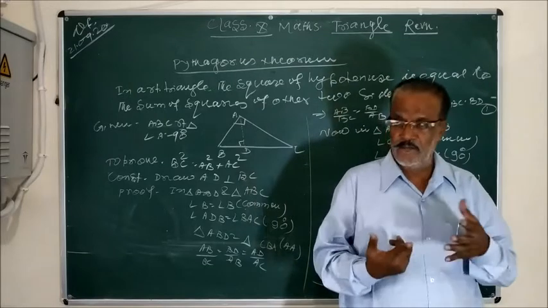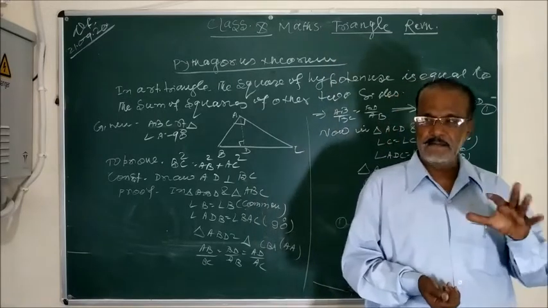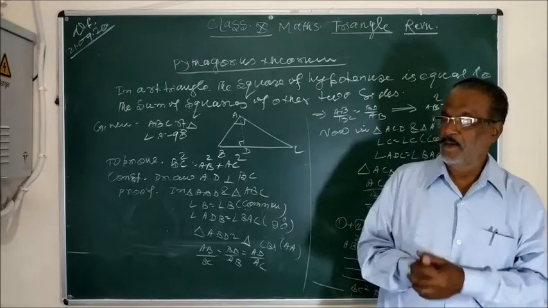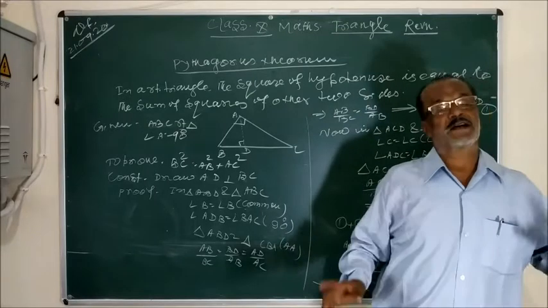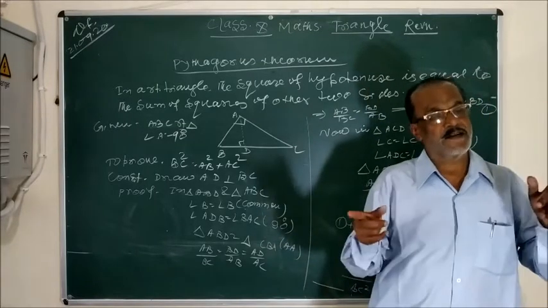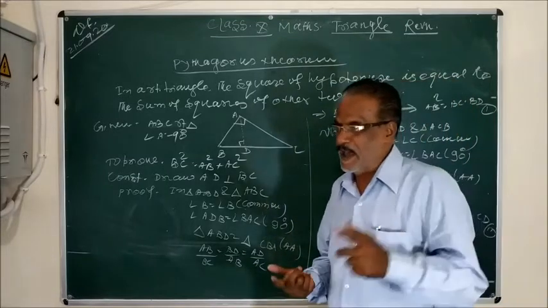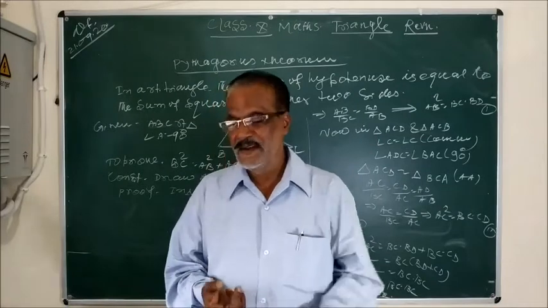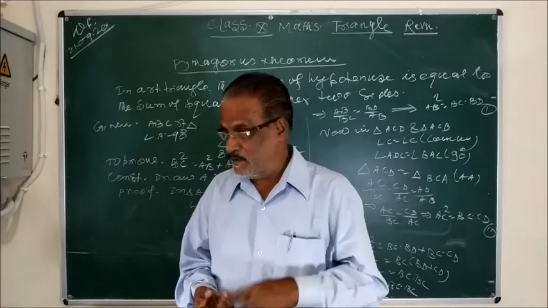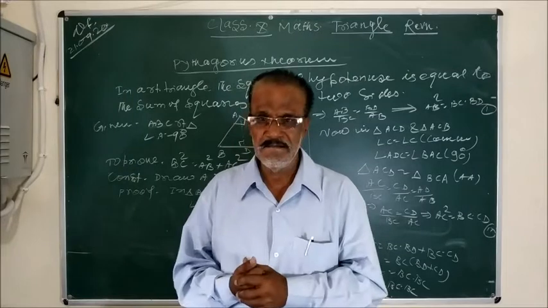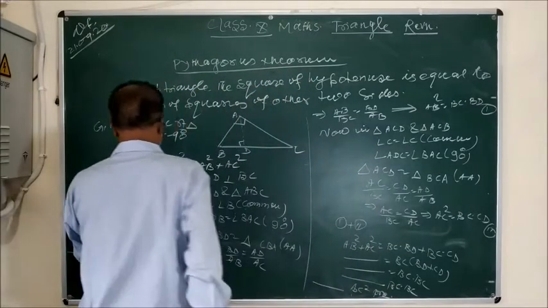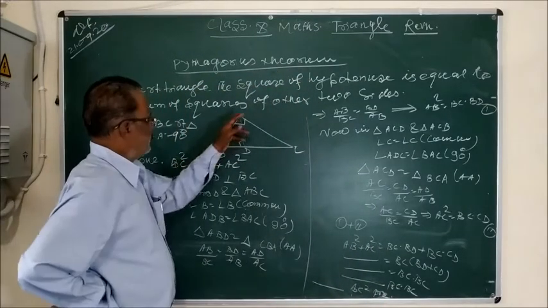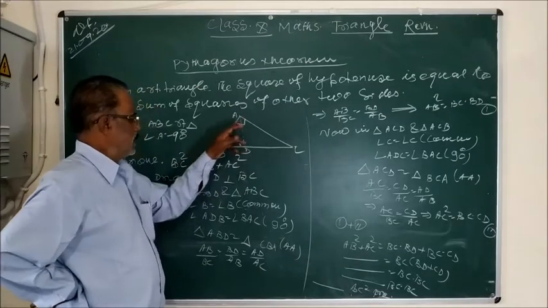Theorems are those facts, especially in mathematics, which can be proved without construction, without measurement, and with the help of universal truth, postulates, axioms, all these things you must have studied in class 9. So now you see, construction: we have drawn a perpendicular AD on BC.